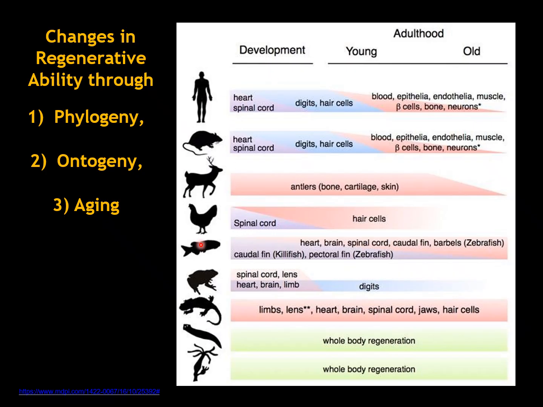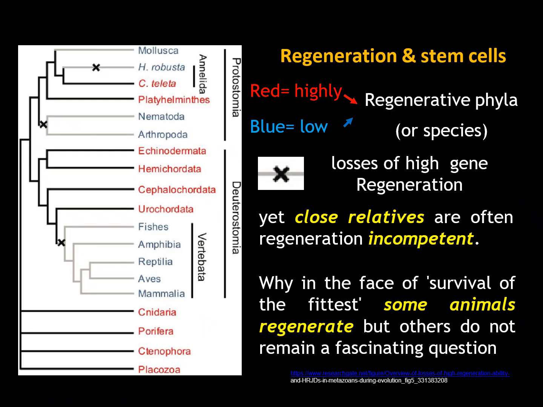examples of organisms during evolution that are able to have different levels of regeneration. And here in this phylogenetic tree, you can see in red some of them that have high levels of regeneration, while in blue some of them that have low levels of regeneration, and the losses of the potential for regeneration are here with a cross.